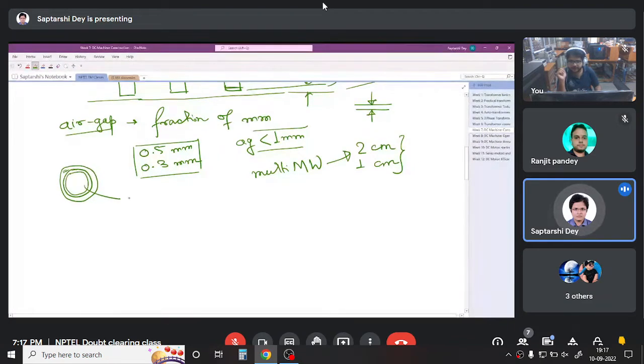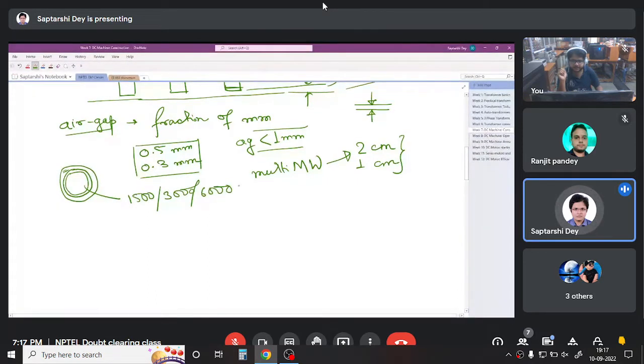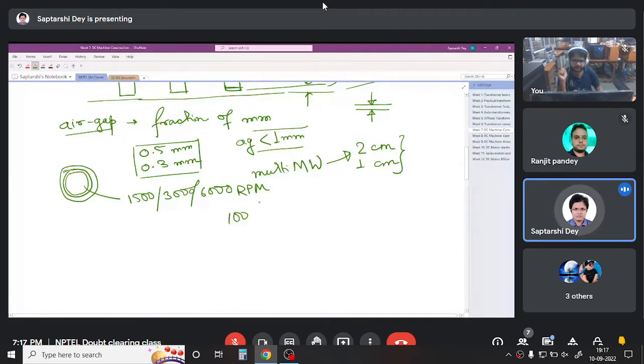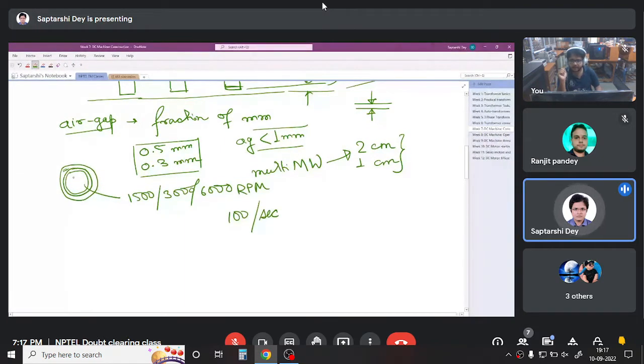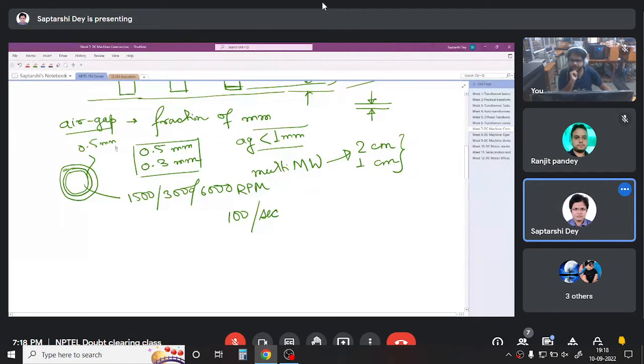And this is rotating at a speed of say 1500 or maybe 3000 or maybe even more, 6000 RPM, 6000 times a minute it is rotating, means 100 times a second. This iron body is rotating and there is a gap of only half a millimeter or even less than that. They are not fouling. They are rotating like that at such a high speed. So these things I want you to think about and appreciate how these things are made.